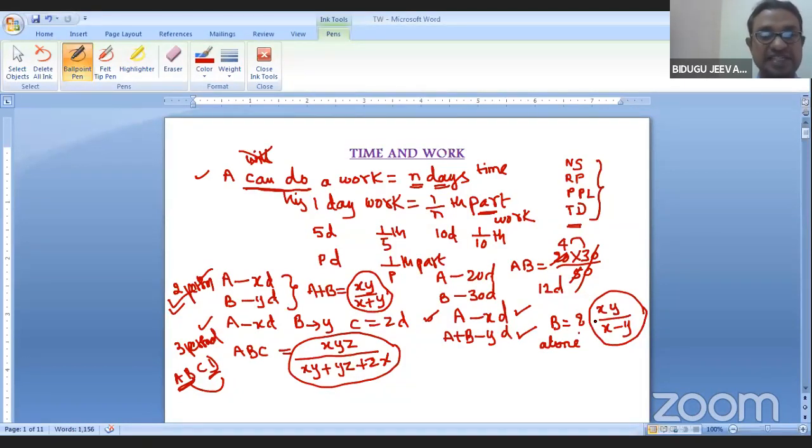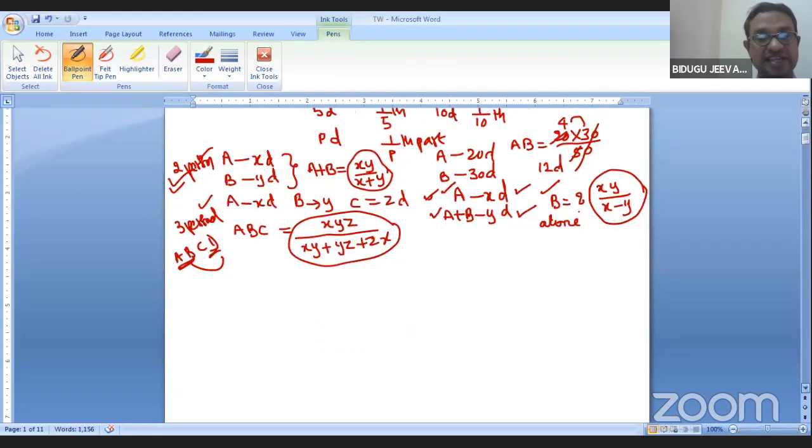No, sir. Yes. First point, let me say once again: a man can do a work in 20 days. His 1 day work is 1 by 20th part. So if 2 people work together, xy by x plus y; 3 people working together, this one. And when one person's capacity and two persons' capacity are given, how to calculate the other person's capacity?